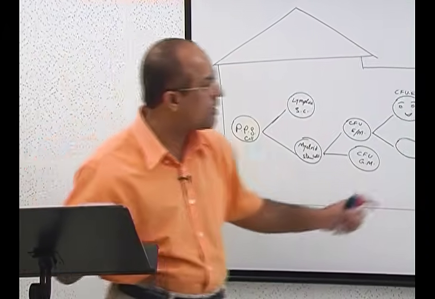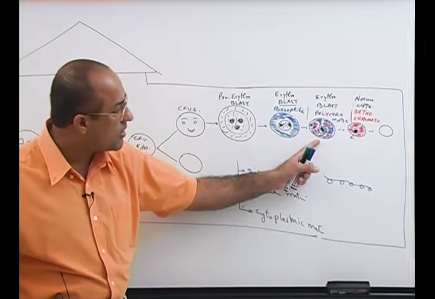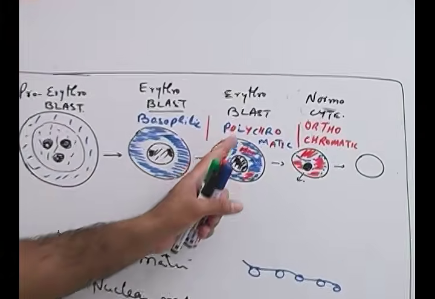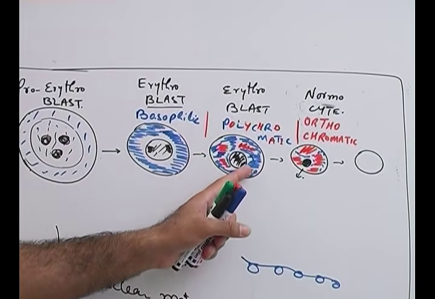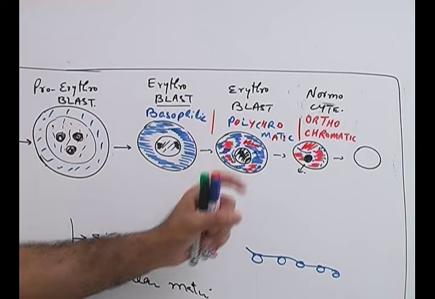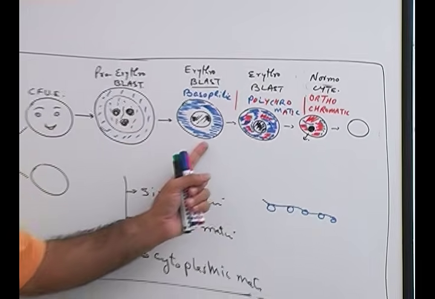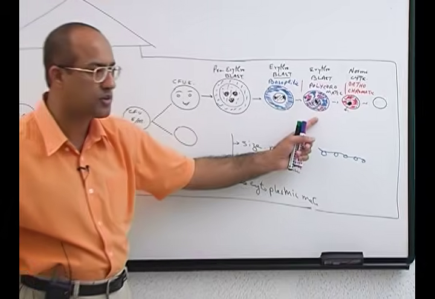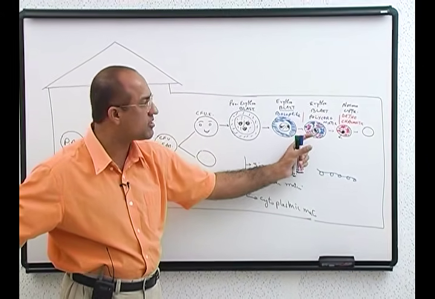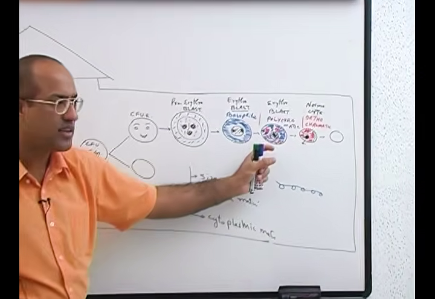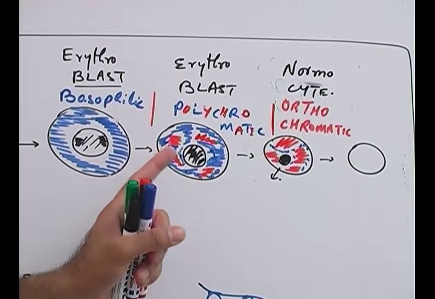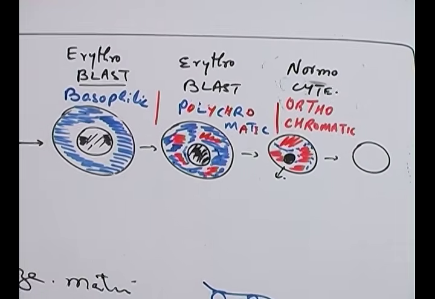And why do we call this polychromatic erythroblast polychromatic? Again, first you have to see maturation in size, maturation in nucleus, and maturation in cytoplasm. Maturation in size is now further reduced. We started with 20 micron, 17 micron, and maybe this is just 13 or 14 micron. Number two, nuclear maturation. Now the nucleus is more condensed, there is more heterochromatin, and the nucleoli of course disappear because the cell is no longer synthesizing ribosomes.